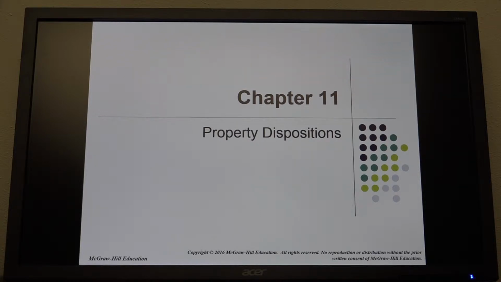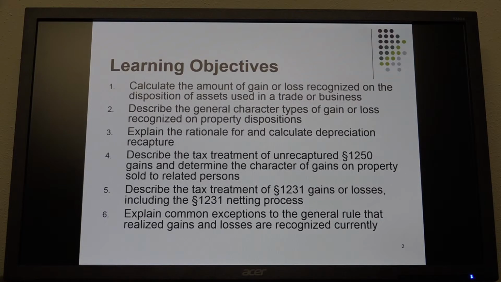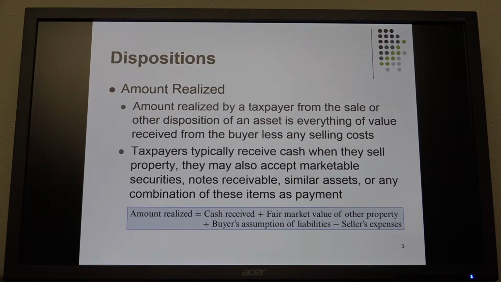And so you have to know the amount realized on a transaction, as well as what the adjusted basis is of the asset.